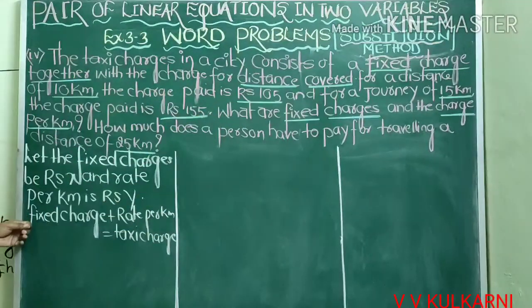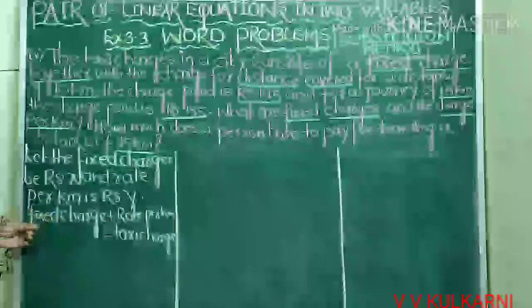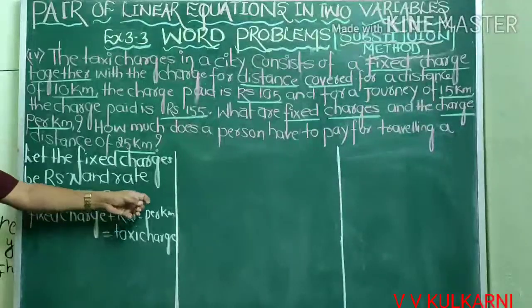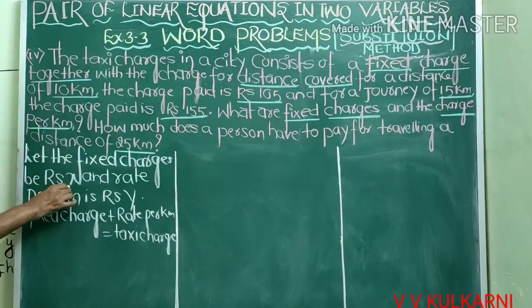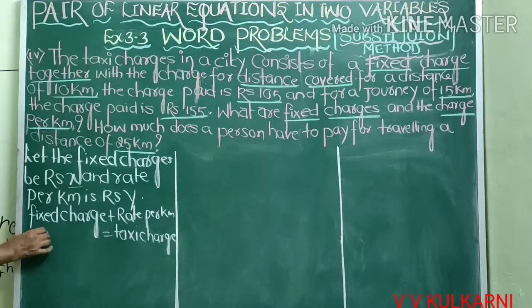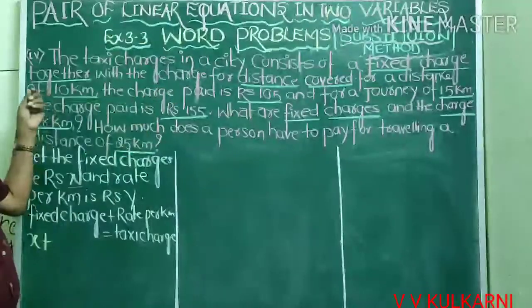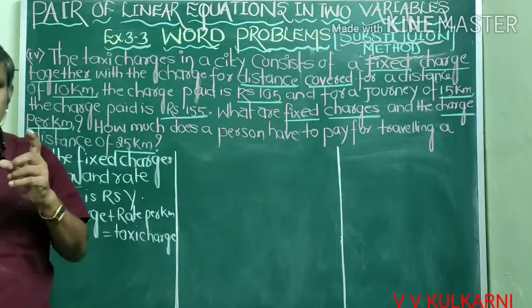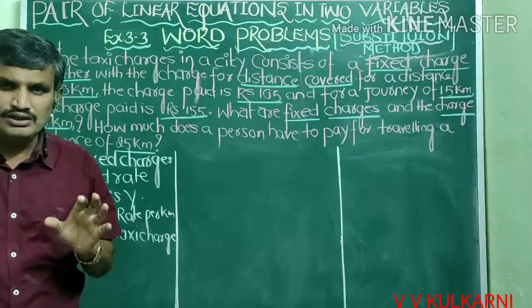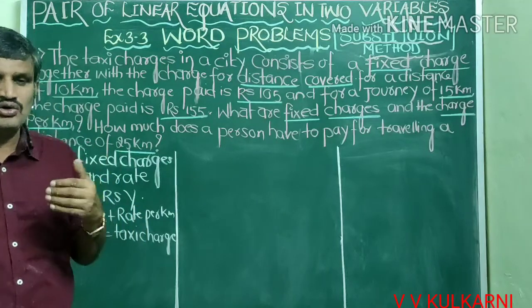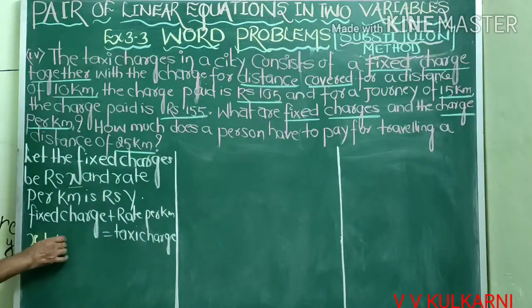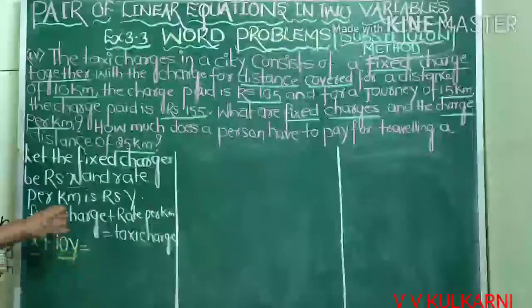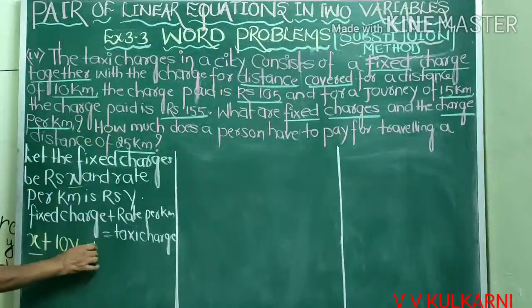That means he has to pay the fixed charge, which is rupees X, plus for 1 kilometer you have to pay rupees Y, so for 10 kilometers you have to pay 10Y. So children, this becomes X plus 10Y is equal to 105.